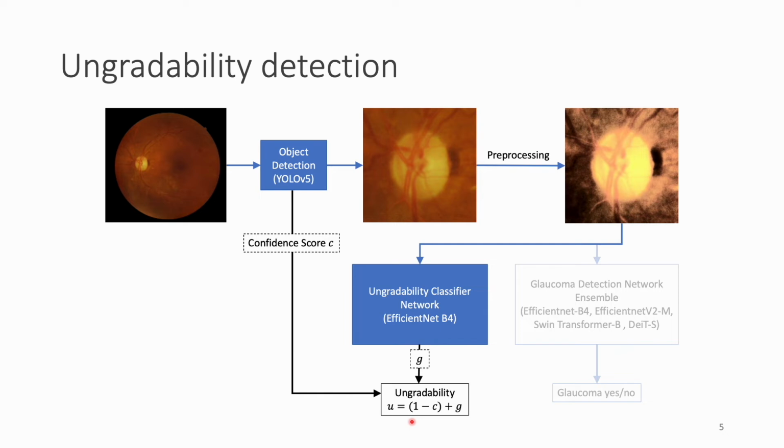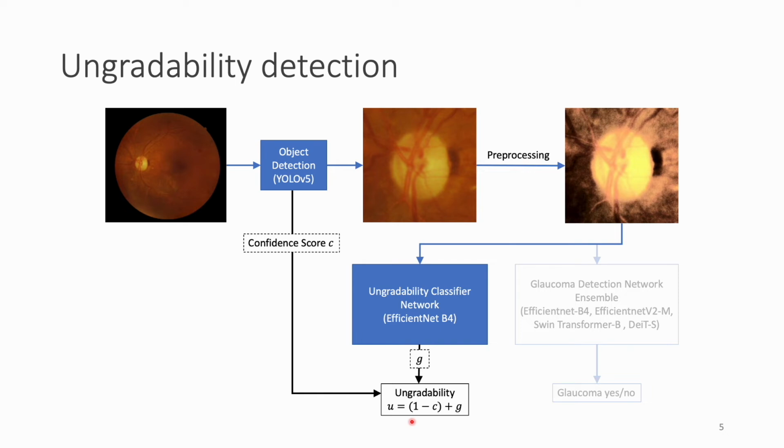In this way, we constructed a dataset that consists of approximately 600 ungradable images and 2000 gradable images, and then trained a simple CNN classifier, in this case EfficientNet, to give us a score about the ungradability. In a final step, we combined these two scores to form the final ungradability likelihood score.